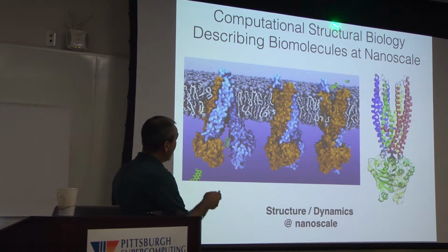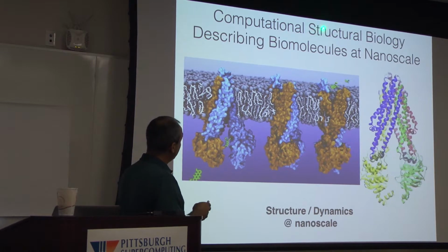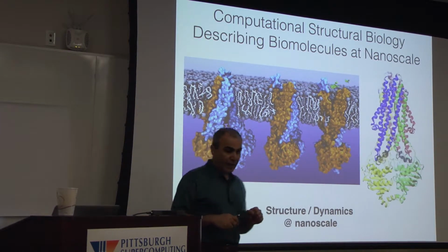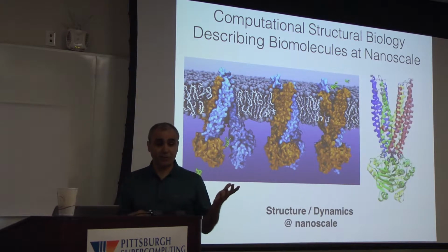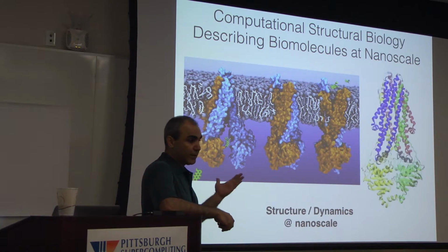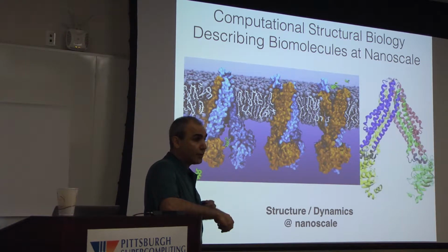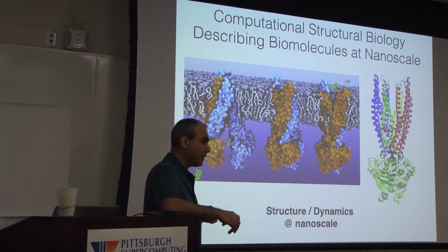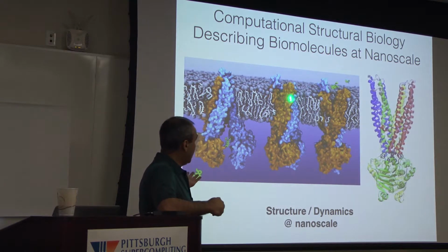I would like to view what we do here as computational structural biology, to parallel what is happening in experimental structural biology. We have had experimental techniques like NMR and X-ray crystallography for a long time, giving us mostly static structures of proteins, how they look.